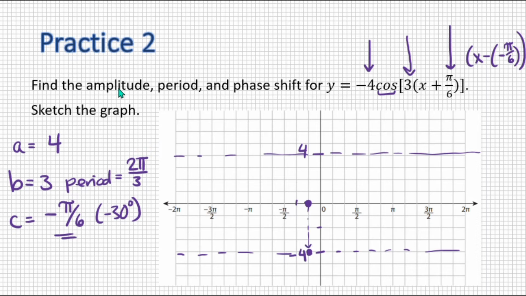The next thing I need to decide is, when do the key points happen? So the key points happen in quarters. So take your period, which is an entire cycle, and divide it by 4. And you're going to get 2 pi over 12, which equals pi over 6.